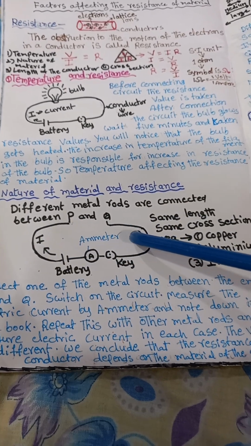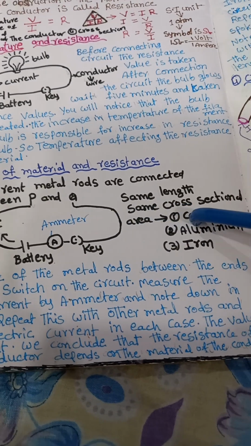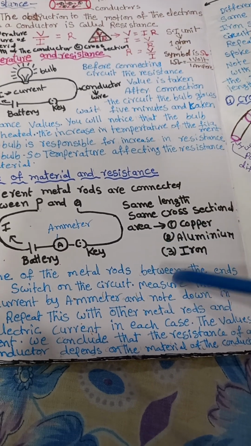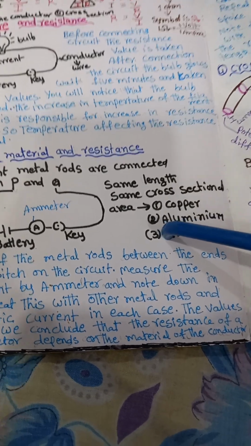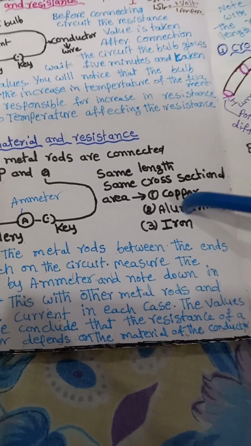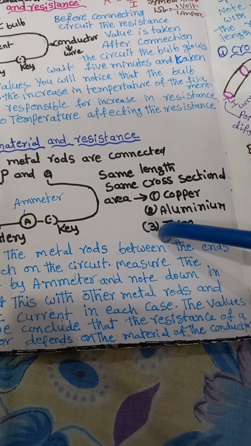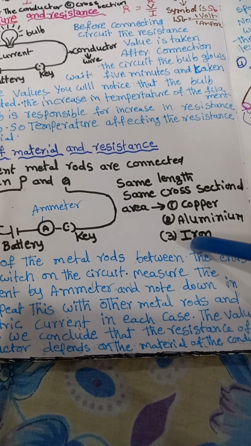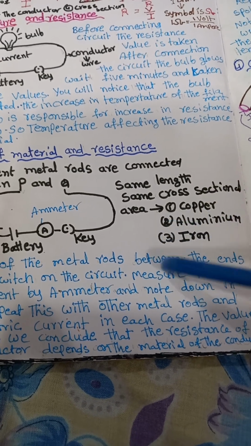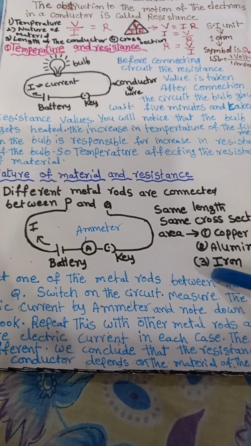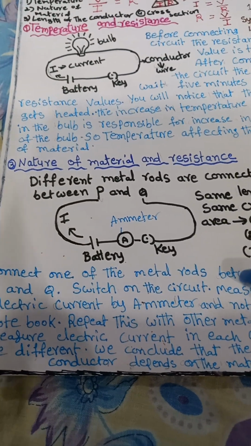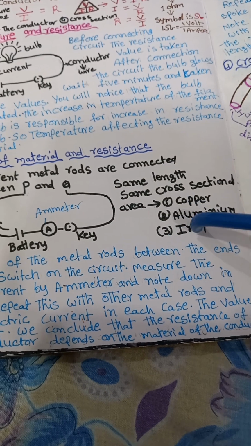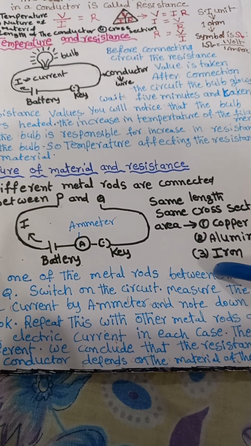Metals of the same length and the same cross sectional area are taken. What types of metals are taken here? First one copper, second one aluminium, and the third one iron. So the nature of these three metals is different.